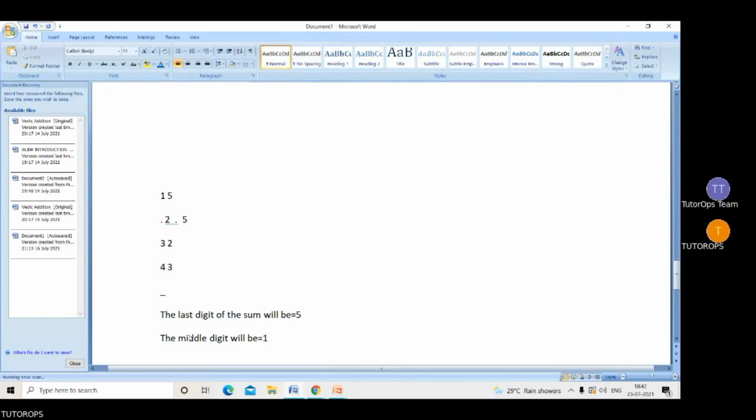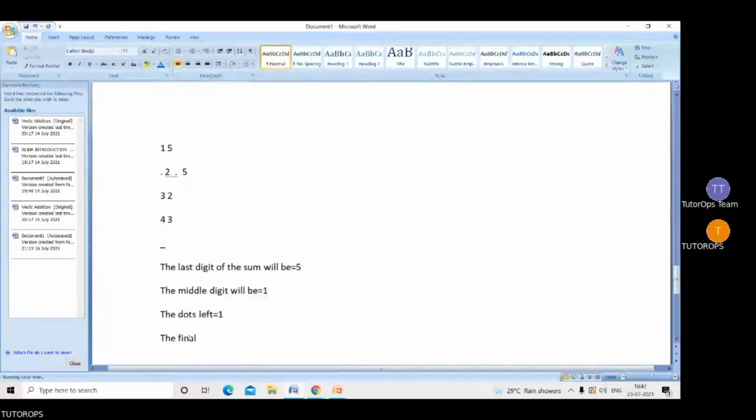And how many dots are left? The dots left is 1. So the final result will be 1, 1 and 5. Let's calculate it with another method. We will get the result 150.